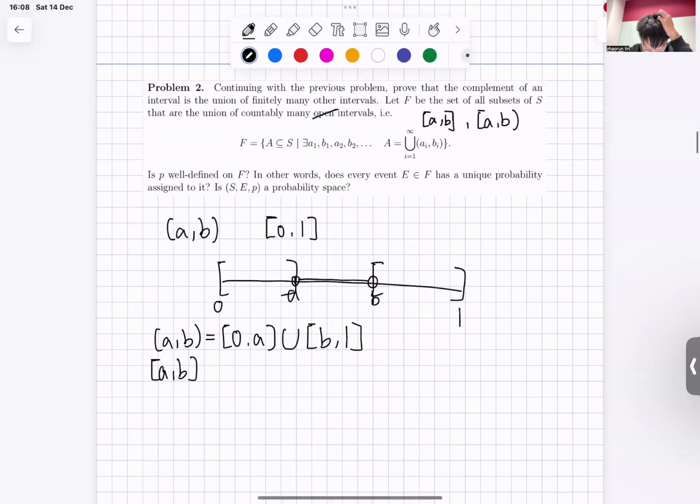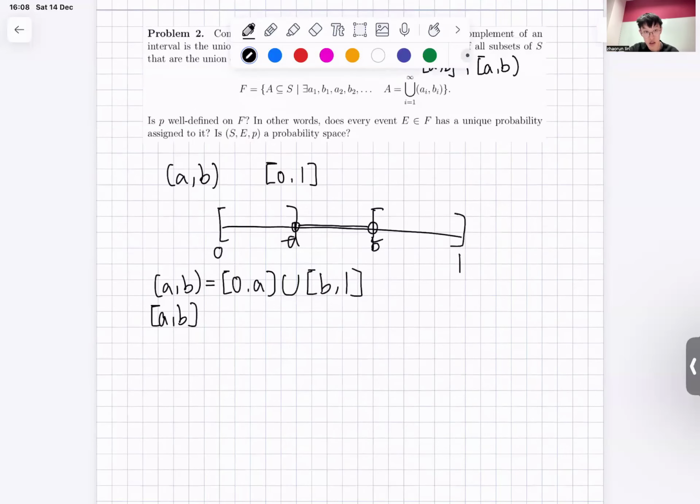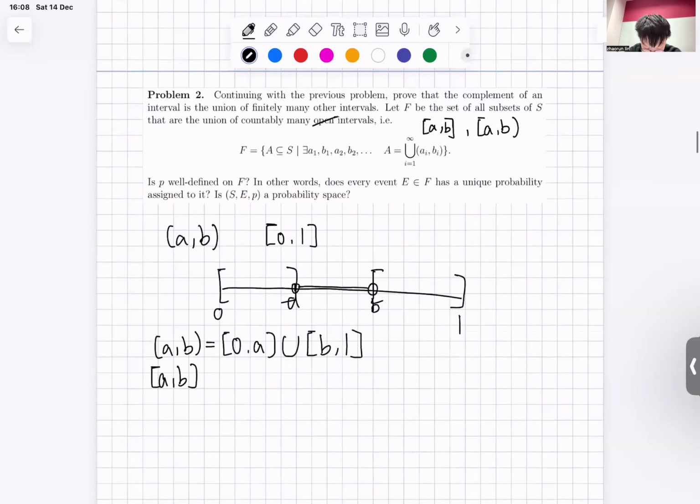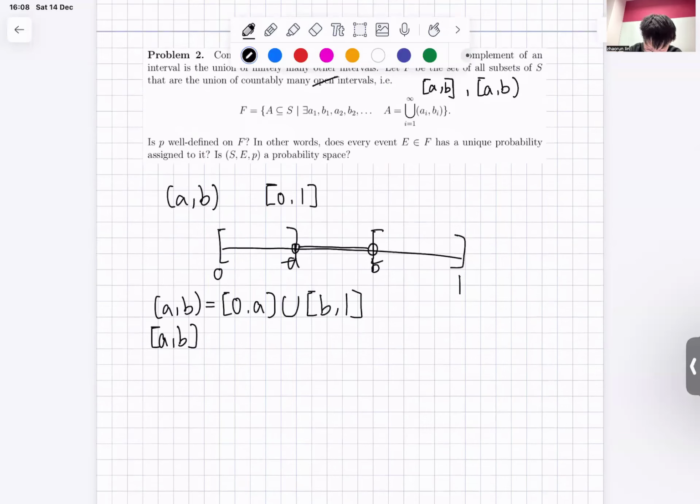We have proven this. Next we want to prove that P is well defined on F. So the probability is well defined on F. We want to prove that every event E has a unique probability assigned to it.